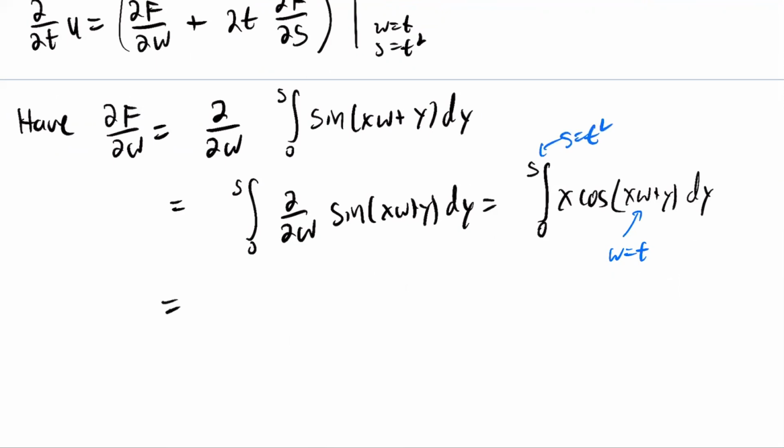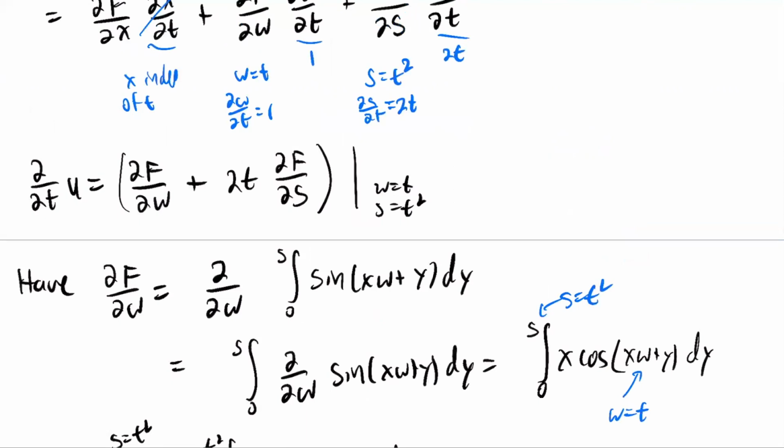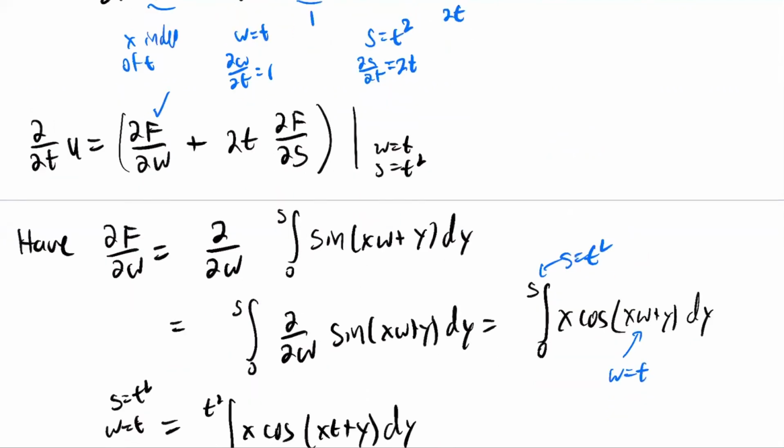Setting s equals t squared and w equals t, this is the integral from 0 to t squared of x times cosine of xt plus y dy. So now we've calculated the value of the first term, and we just need to calculate the value of df/ds as well, and then we add these together in this way.